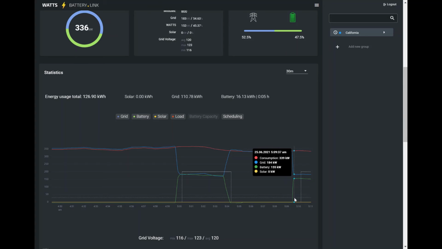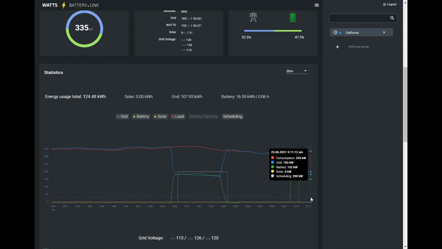So let's go back into the real-time information and real-time statistics here, and we will wait to see the behavior of the PeakShaving ending by 5:12.